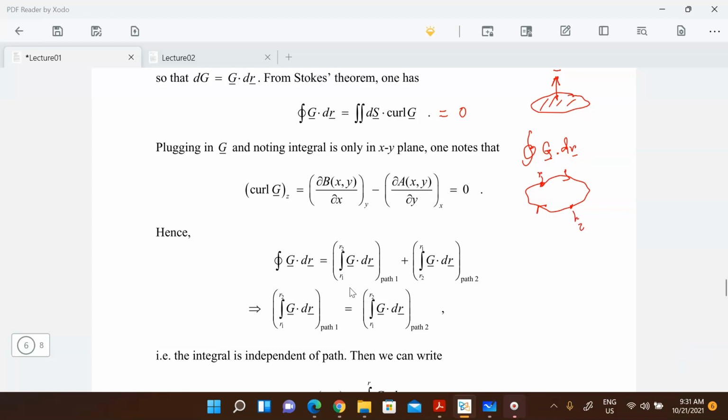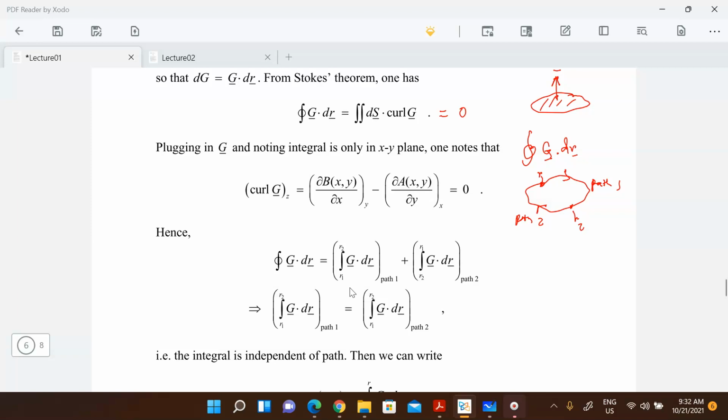The first one is going from R1 to R2, so you integrate in path 1. And then path 2 circles it back into a loop, and it will be integrated from R2 to R1. So that gives you the closed integral. We should now know that it must be equal to 0.